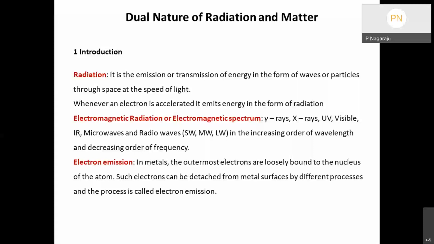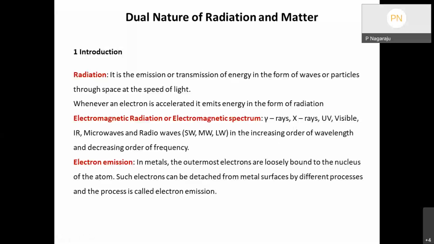You know that gamma rays, X-rays, ultraviolet radiation, visible light, infrared radiation, microwaves, and radio waves. And in radio waves, we have got SW, that is short wave, MW, medium wave, LW, long wave, in the increasing order of wavelength or in the decreasing order of frequency.